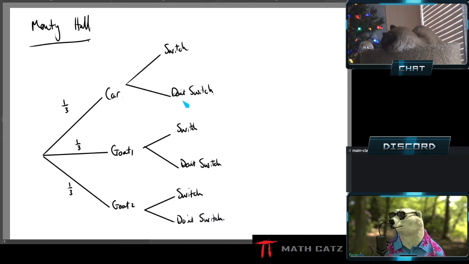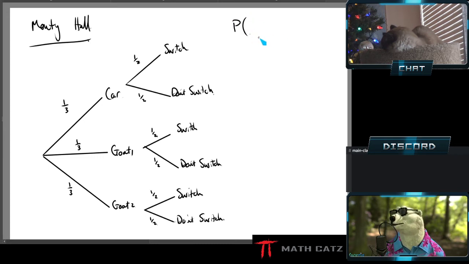Those are my options, right? And let's suppose I do it randomly. I switch or I don't switch randomly, because I don't know what's behind the doors. It's 50-50. Now, what's the probability I'm looking for here?